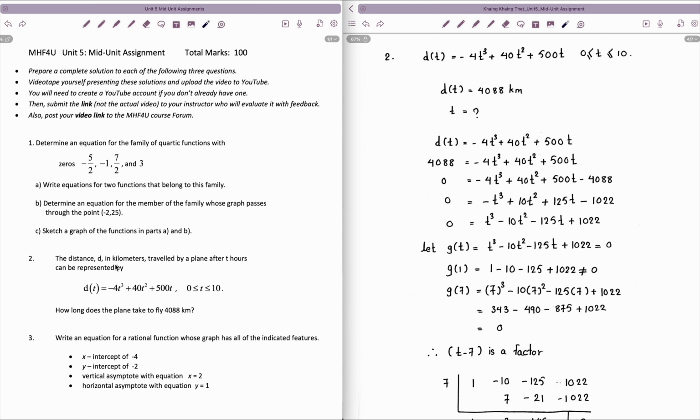The distance d in kilometers traveled by a plane after t hours can be represented by d of t equals negative 4t cubed plus 10t squared plus 500t.